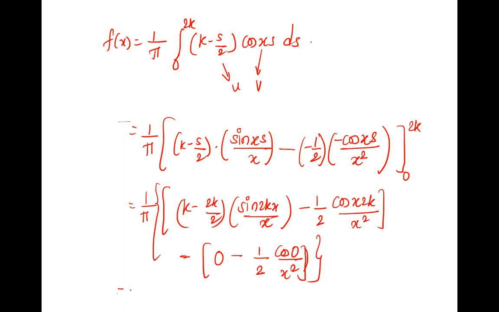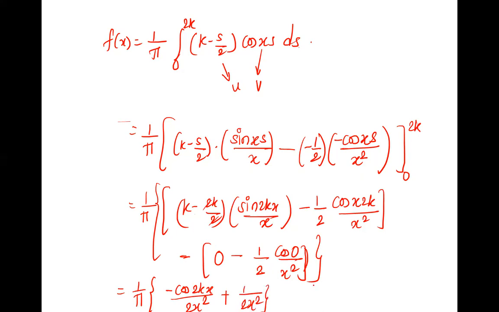And we'll just finally collect 1 by pi. Here 2 cancel, k minus k is 0. So 0 into anything is again 0. This remains, which is minus cos 2kx upon 2x square. And this is minus minus plus, cos 0 is 1, so 1 upon 2x square.